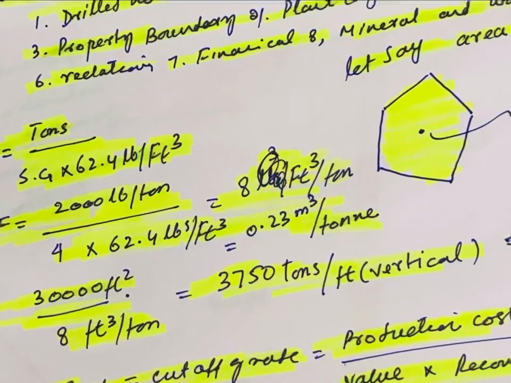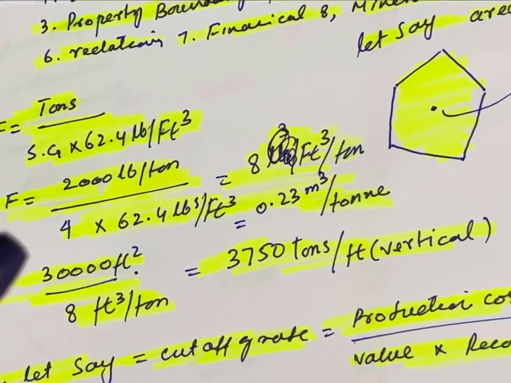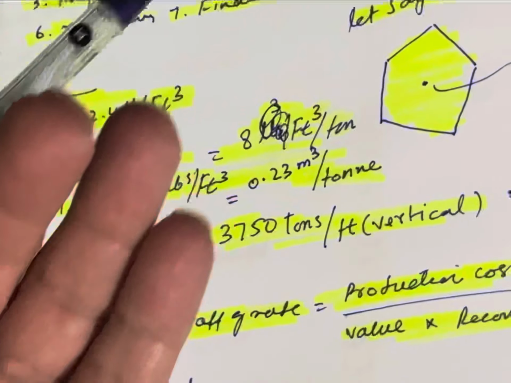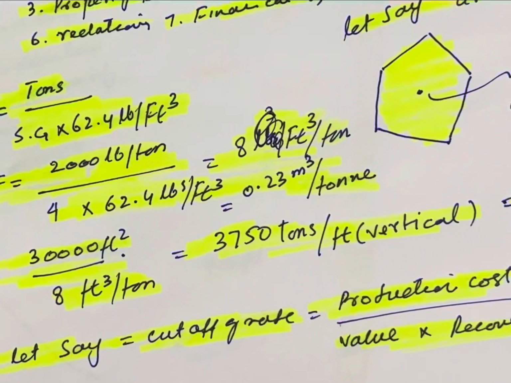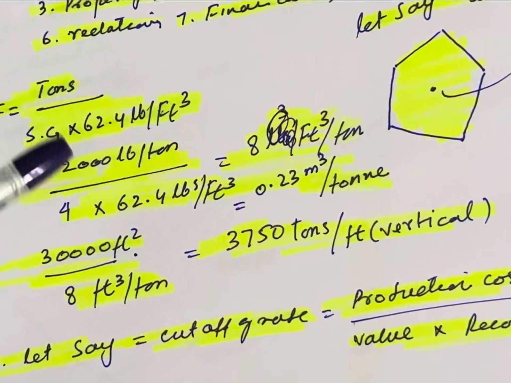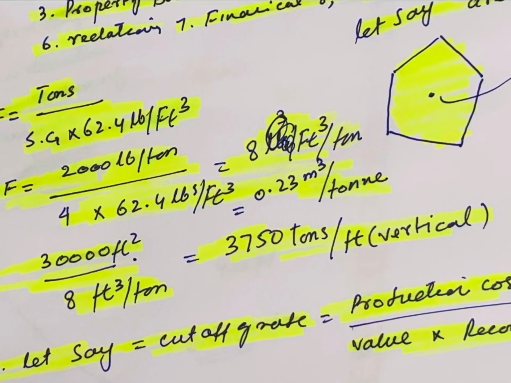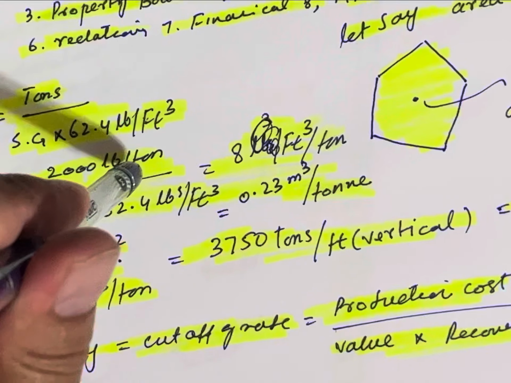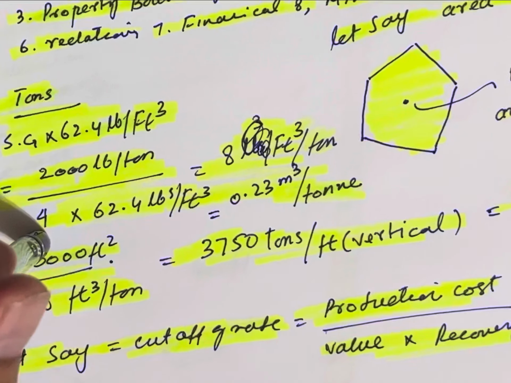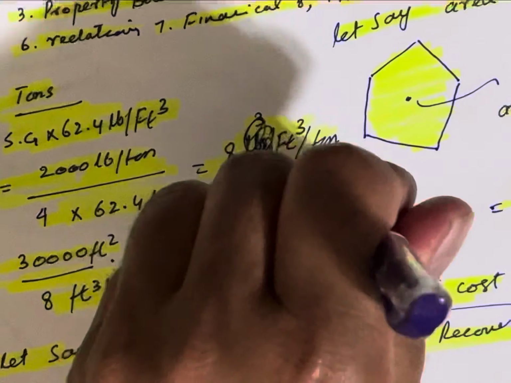So it's the weight of, let's say, oil sand or a metallic ore, the weight of that unit in the water, we call it the specific gravity. So what we got from that tonnage factor, let's say is 2,000 pounds per ton, 4 is the specific gravity, and this is the water specific. So we got 8 feet cube per ton.